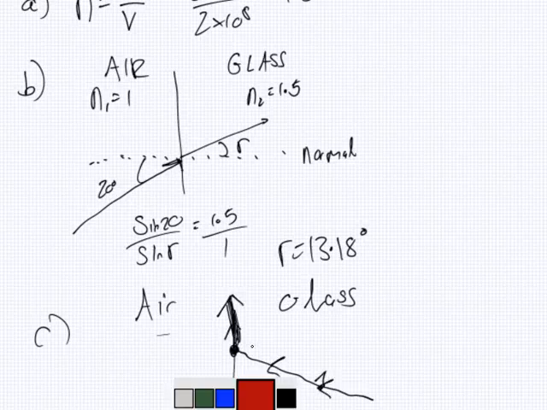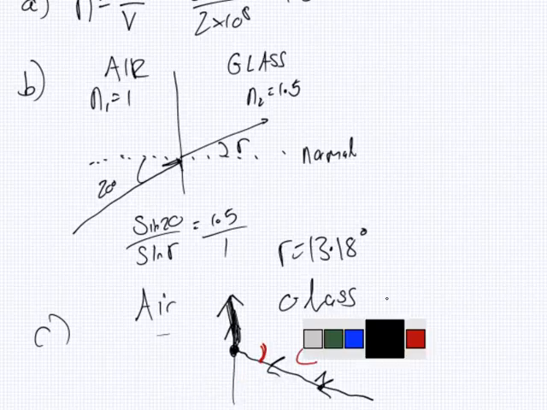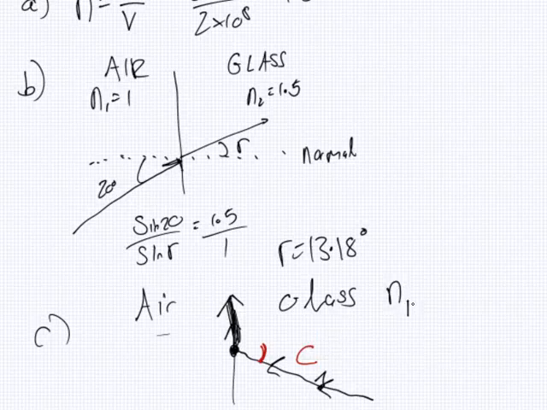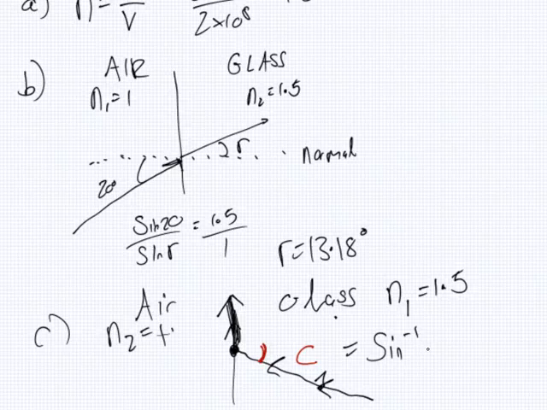And what do we call this angle here? That's called critical angle C. Now be careful, here n1 is 1.5 and n2 is 1 because it's going from glass to air. So the critical angle is sine inverse of 1 over 1.5, which equals.